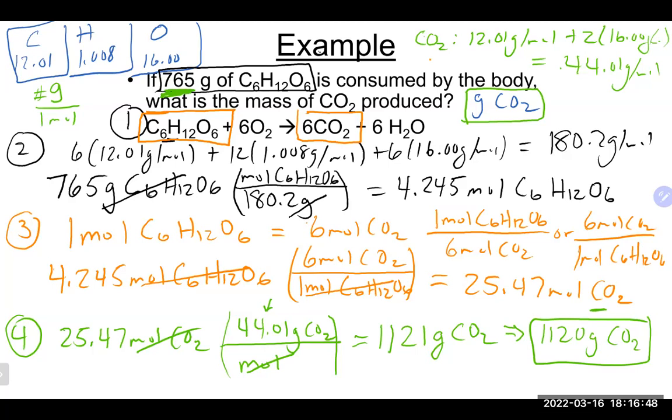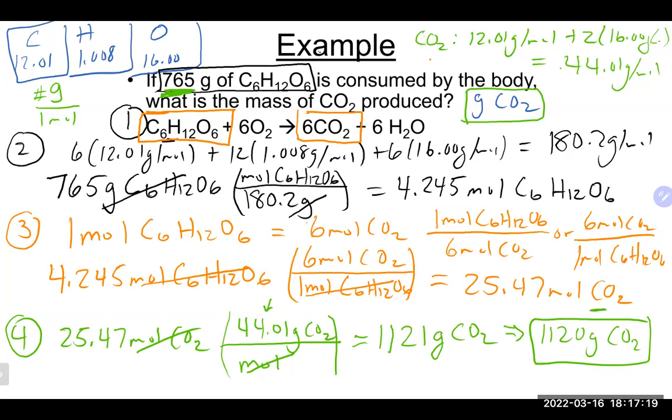So I'm sorry, say it one more time. Right, that's the molar mass of CO2, right? Yeah, so when we calculate the molar mass, it is based on the actual formula.